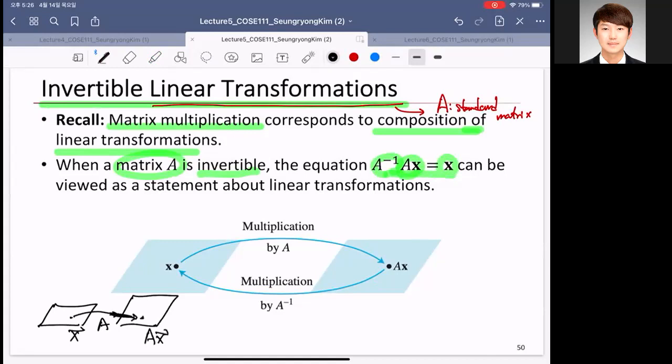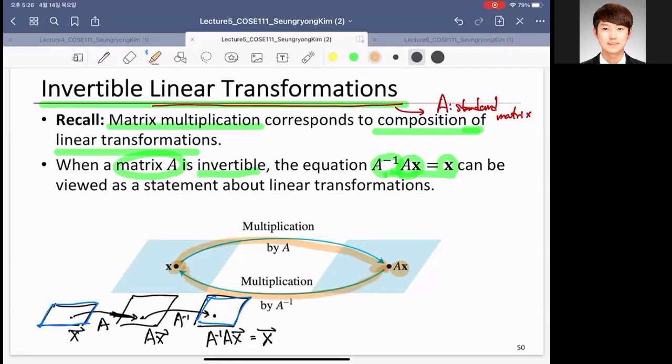Then if we multiply by A inverse again, it's A inverse times A times X, which is just the X space. So these two spaces are the same, and we can redraw it like this. X is multiplied by matrix A to become AX, which is transformed again by A inverse. So this is an invertible linear transformation.